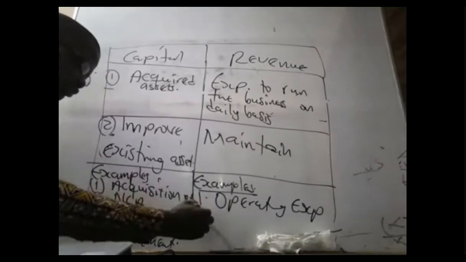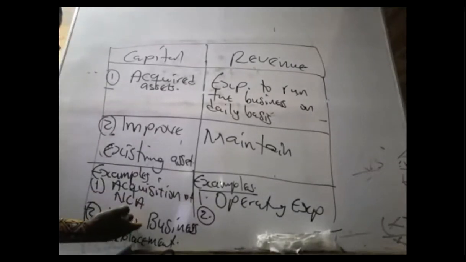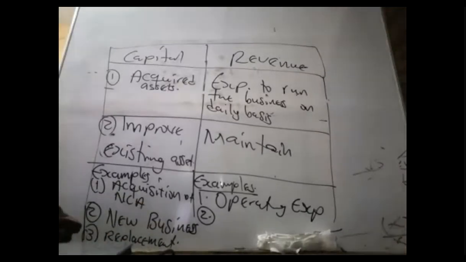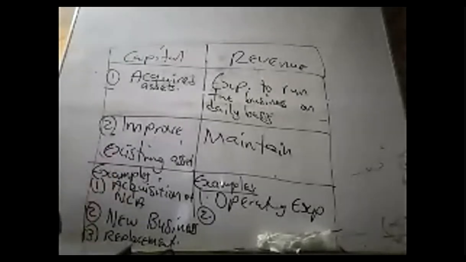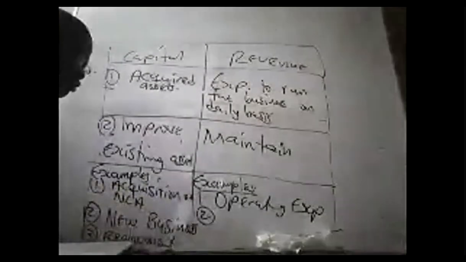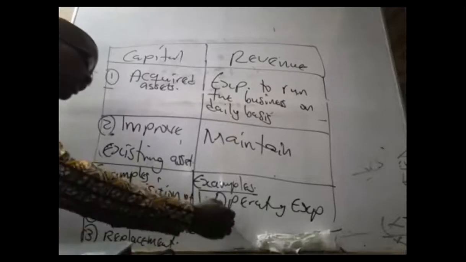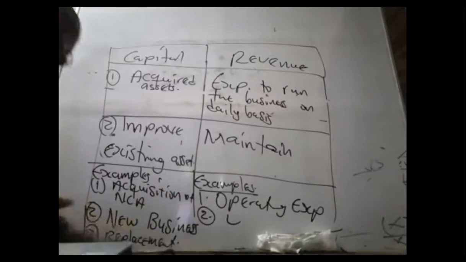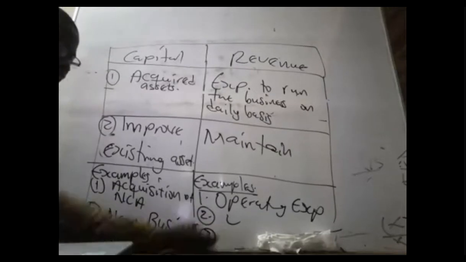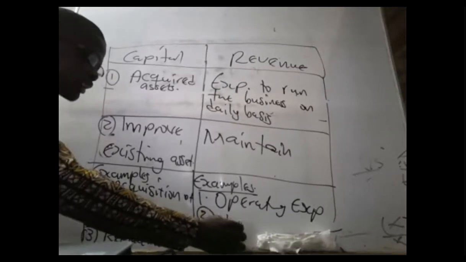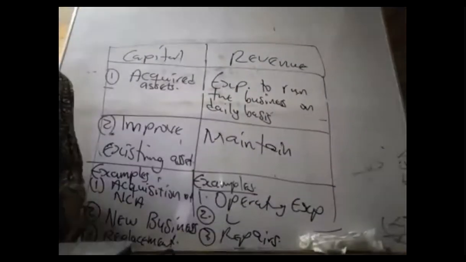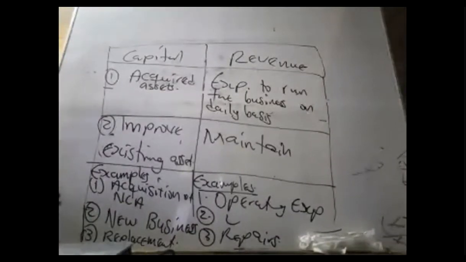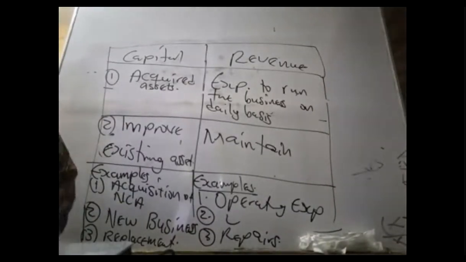Then number two, where capital expenditure enters into a new business, with revenue expenditure we are just maintaining the business or the operating costs. Replacement of the assets: here we are just repairing or maintaining the assets. All the repair costs, except if it amounts to replacement of major components or parts.